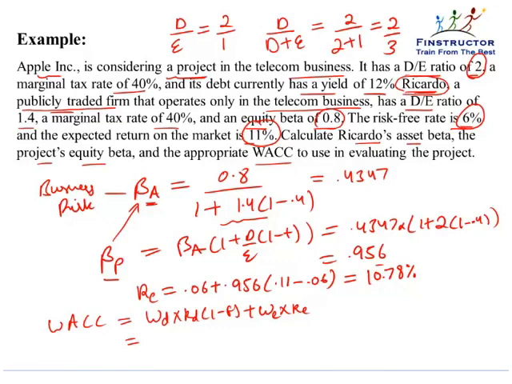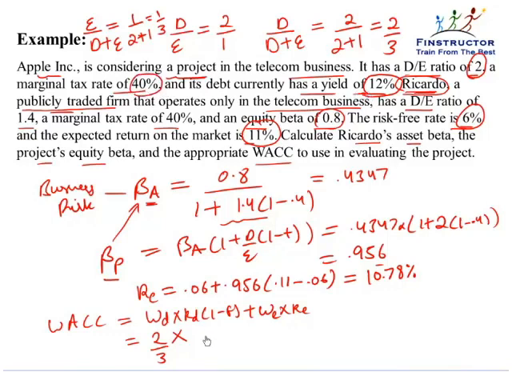And similarly, equity upon debt plus equity, that is the weight of equity, will be, as equity is 1 and debt is 2, 1 upon 2 plus 1, that is equal to 1 by 3. So weight of debt, that is 2 by 3, into the cost of debt. And the debt currently has a yield of 12% and the marginal tax rate is 40%. This is the before-tax cost.